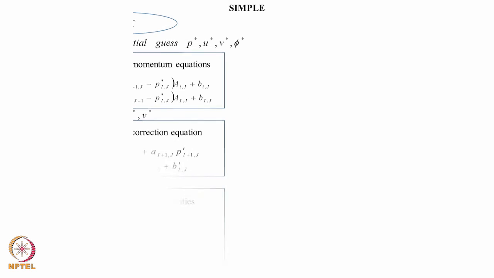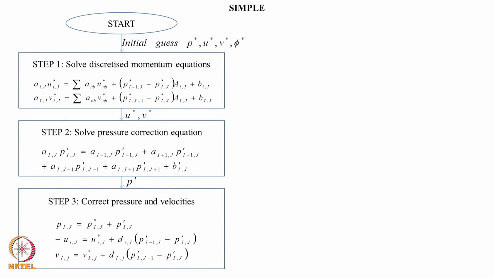In terms of a flow chart, it is shown here. So, we start with the initial guess p star, u star, v star, and any other scalar that is generally written as phi and phi star.